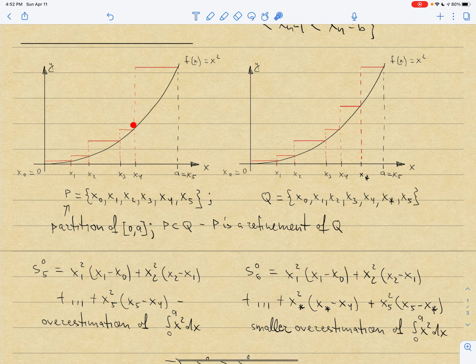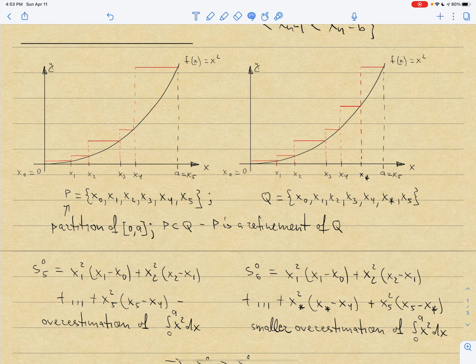Now what happens for Q? For Q I'll use exactly the same idea. Again, for Q, if I use red rectangles, I'm going to overestimate the area under the graph on the interval from 0 to a. If we just compare the pictures, the overestimation here is going to be the sum of the areas of these triangles that lie above the graph f of x equal to x squared.